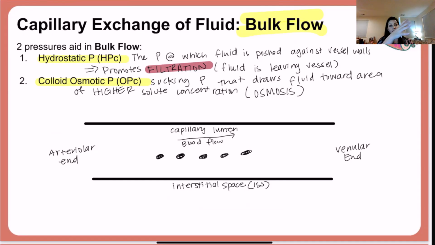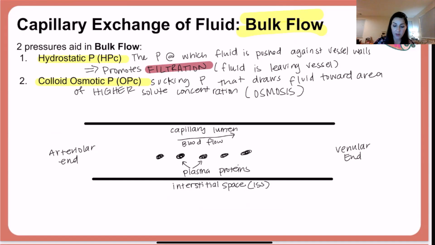And the plasma proteins, they're just swimming around in the blood, so they're kind of consistent from the arteriolar end to the venular end. So I'll label these. These are plasma proteins. And plasma proteins are made by the liver, and when we get into the blood, we'll talk more about them.